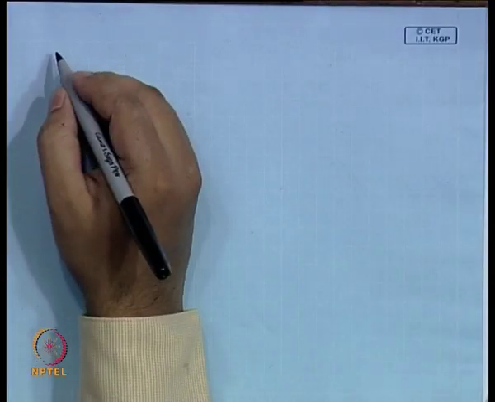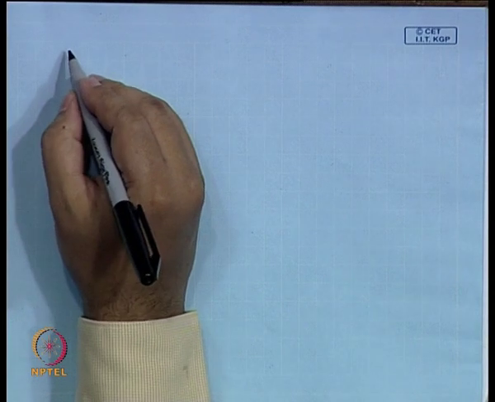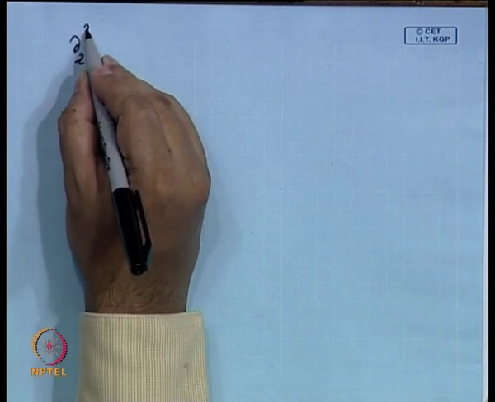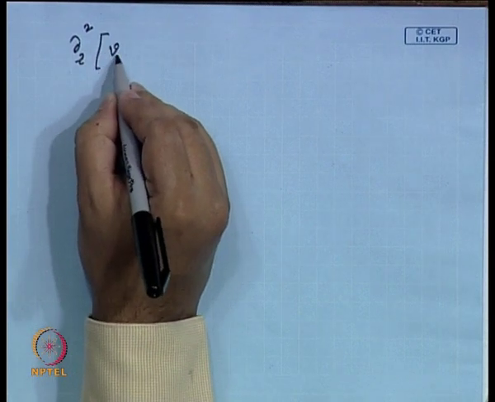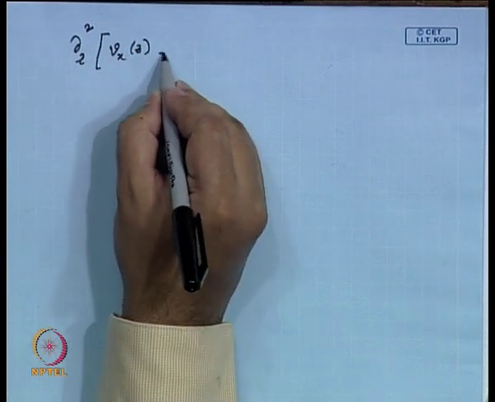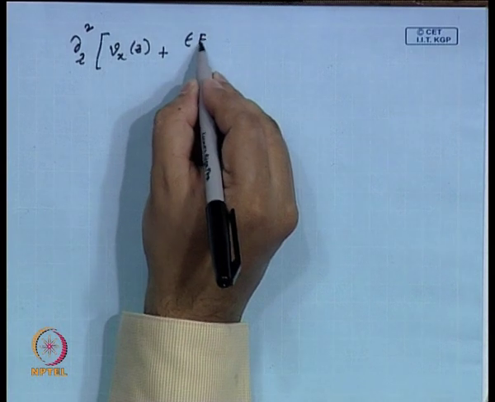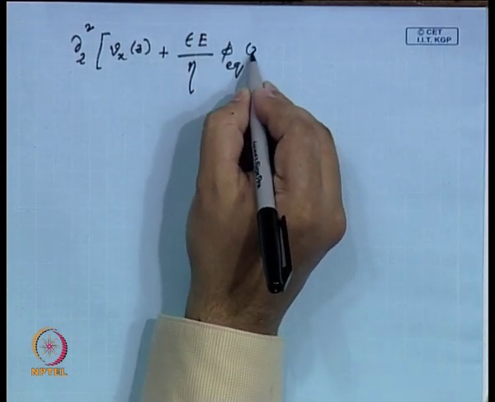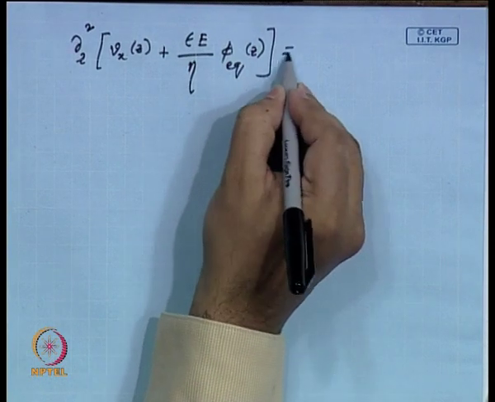Once we know that, it would be easy to write this expression in a more compact manner as del z square V x z plus epsilon E divided by eta phi E q z. This quantity is equal to 0.